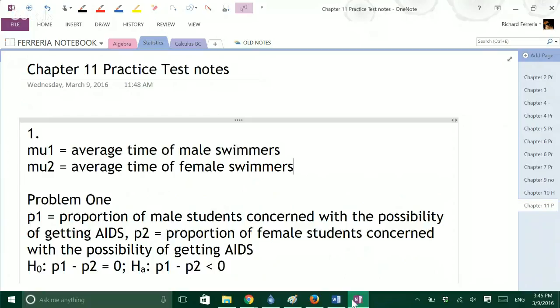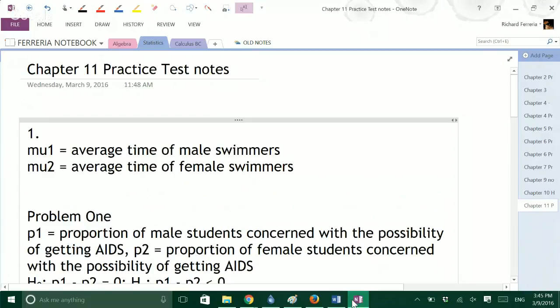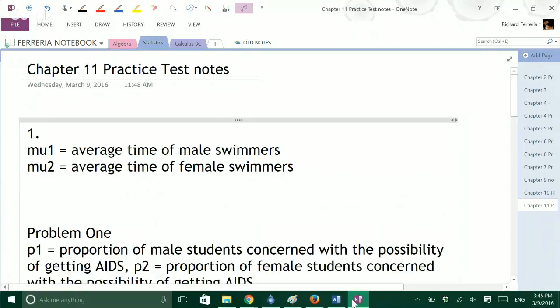A set of hypotheses then would be, and this is kind of a dangerous one to do, because we don't know which one should be bigger and which one should be smaller, or you need to figure that out. So null hypothesis should be pretty obvious. That should almost always be 0.